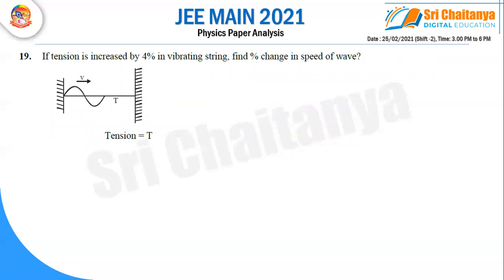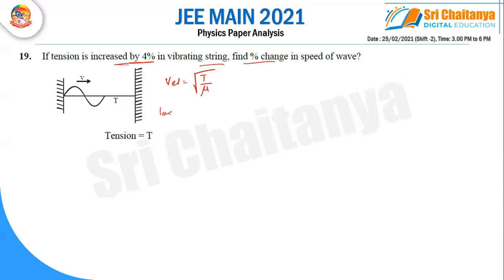Okay. Now, if tension is increased by 4% in a vibrating string, find the percentage change in speed of wave, he is asking. Okay. So we have velocity is equal to root of tension by mass per unit length. Take log here.